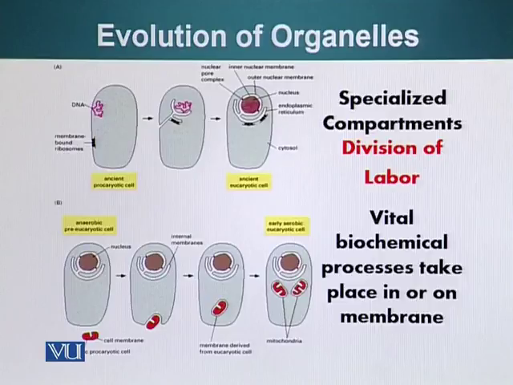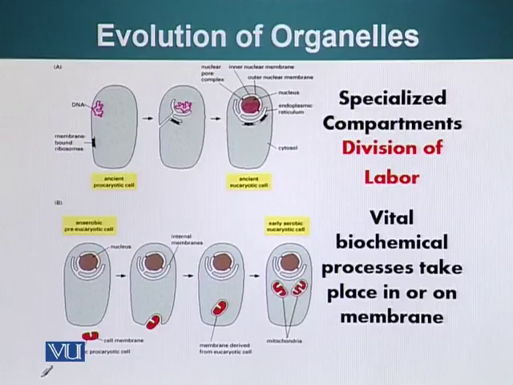So in ancient prokaryotic cell, we know that prokaryotes or bacterial cells don't have any membrane enclosed organelles. So if we are looking at the evolution, let's start with an ancient prokaryotic cell which did not have any membrane enclosed organelles, and of course which includes the nuclear membrane, defined nucleus which is enclosed in a nuclear membrane.